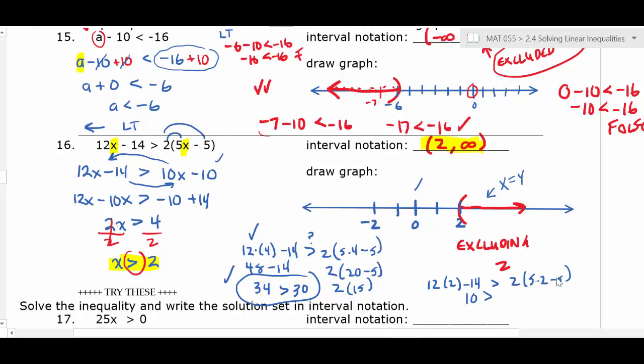This is 10 minus 5 is 5. 2 times 5 is 10. It's still a false statement, but since they're the same, that means that's a correct boundary. So I can tell you're right. These problems are checkable. It's always good to check the number that you got there, pick a number here and see if it works, and then you're good. Okay, and then everything there is not going to work.